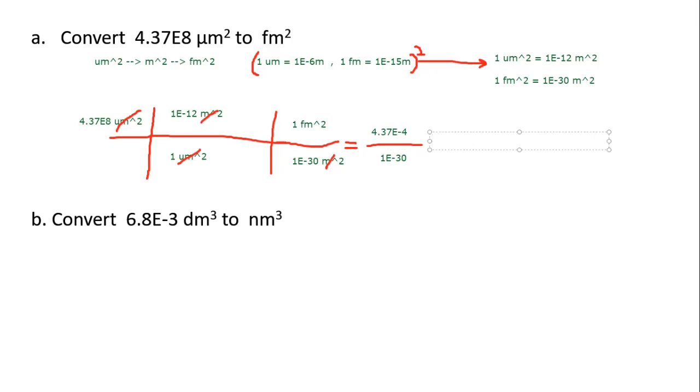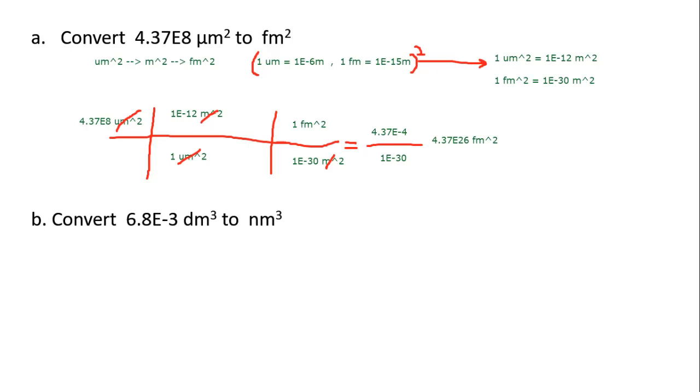So negative 4 minus a negative 30 would be 4.37 e to the 26 femtometers squared. And this makes sense because we're going from micro to femto. This is going from a relatively large metric prefix to a smaller metric prefix, so our exponent should go up, and that's what it did.